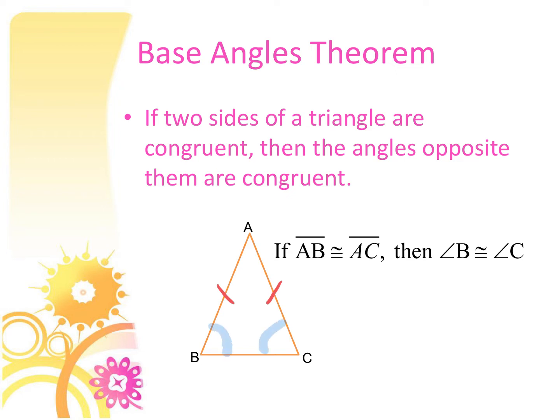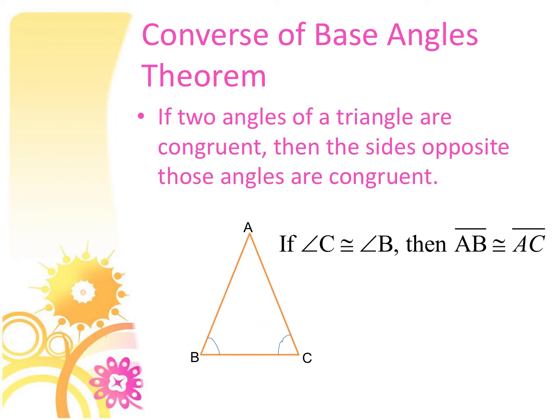So these will be your congruent base angles, so we can say that angle B is congruent to angle C. These are going to be the angles that are opposite the congruent sides.